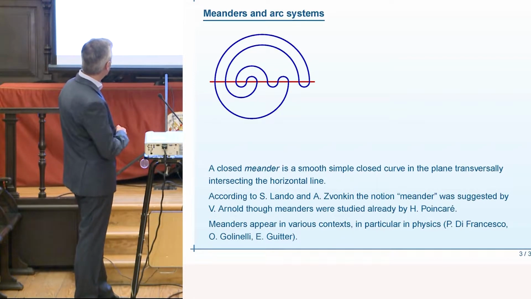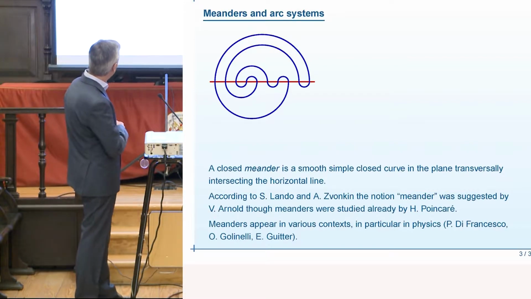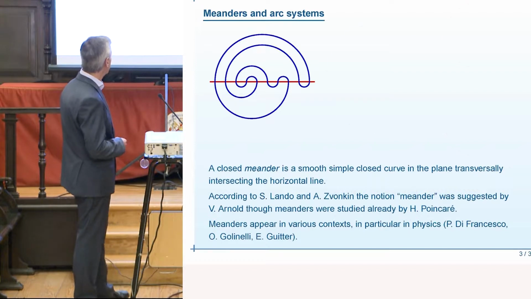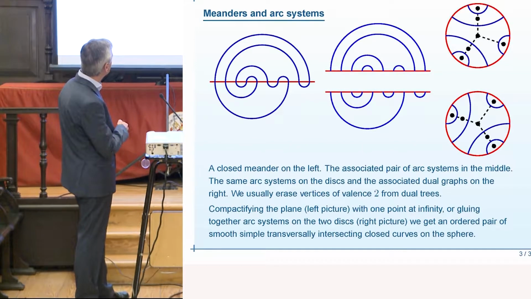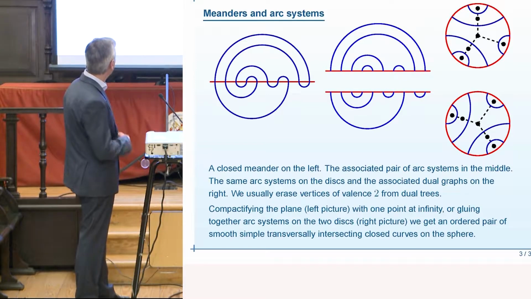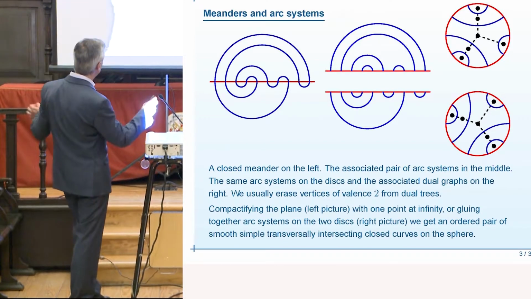When you have an object like this, there are several natural things which you can do. First, you can chop your picture by this red line, and you get two arc systems, one on top and one on the bottom. And the second thing which you can do, when you have an arc system like this, is compactify the plane, and you imagine that this line is just an infinite line.